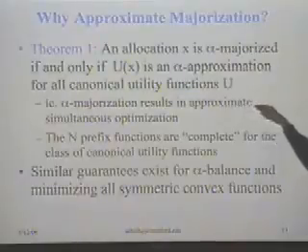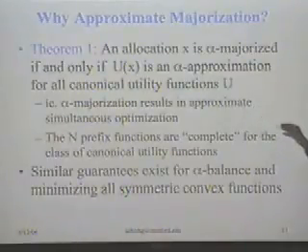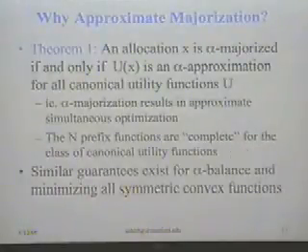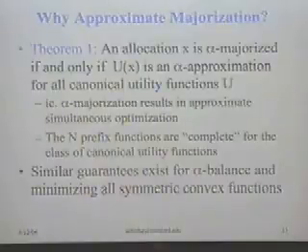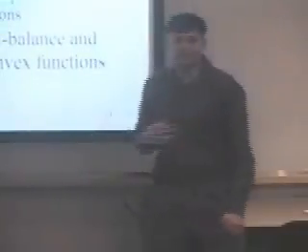So alpha majorization results in approximate simultaneous optimization. Another way of thinking about it is the n prefix functions are complete for the class of canonical utility functions. If you could approximate just these n functions, then you're approximating the whole class. So now the problem starts to look a little bit tractable from an approximation point of view. You don't have to worry about all the utility functions, just these n functions.